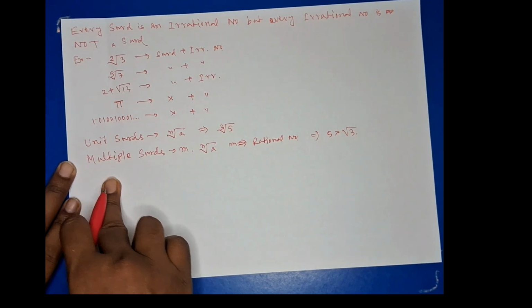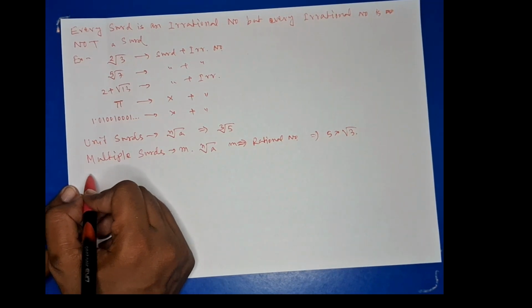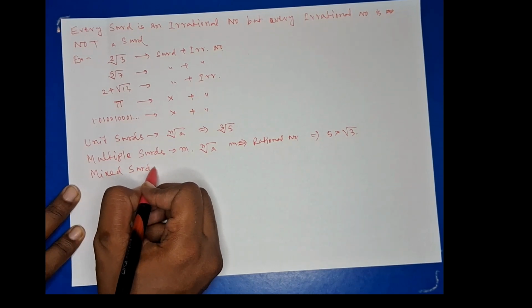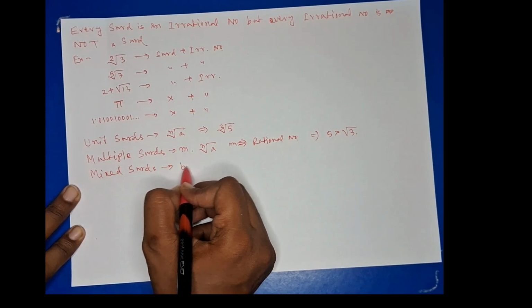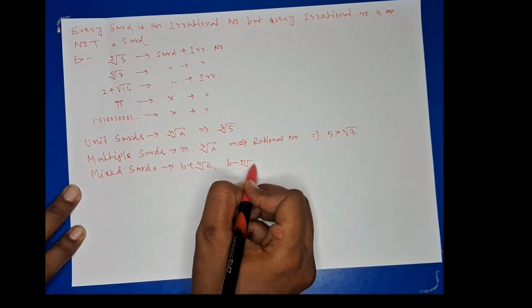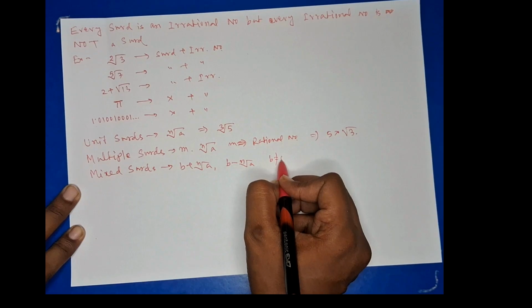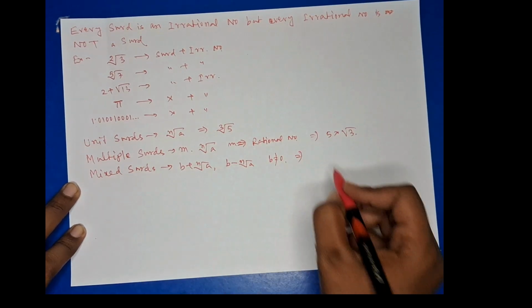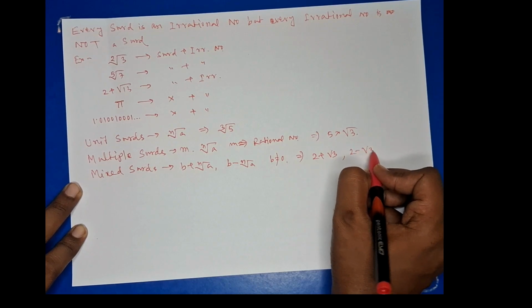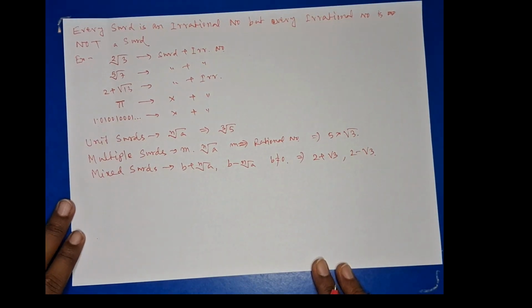This is a multiple surd. Okay, and mixed surds: b plus nth root of a, b minus nth root of a, where b is not equal to 0. Examples: 2 plus root 3, 2 minus root 3. These are mixed surds.